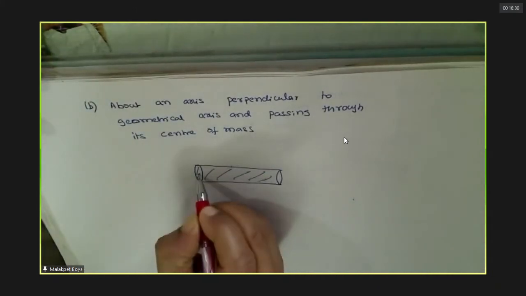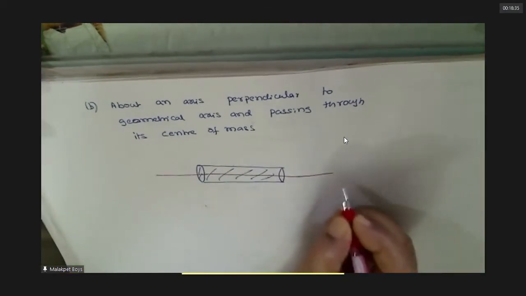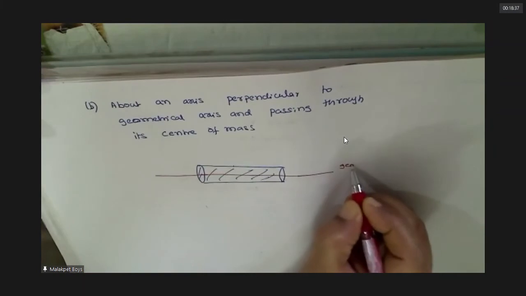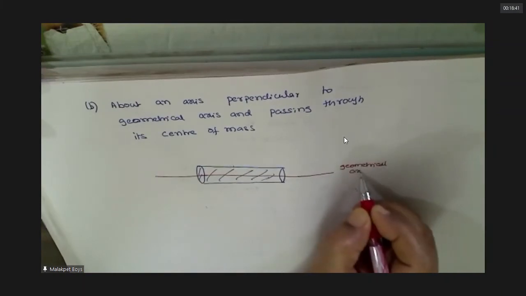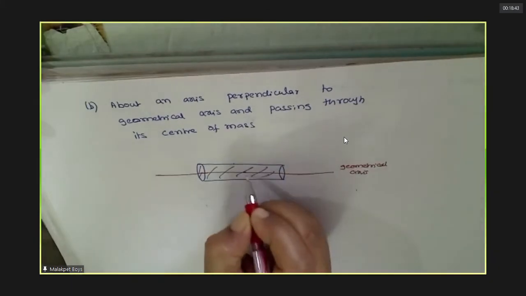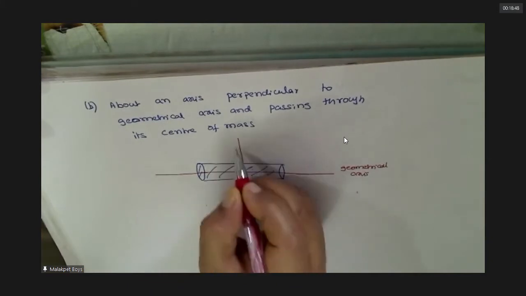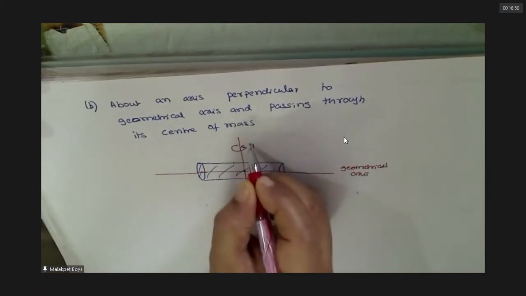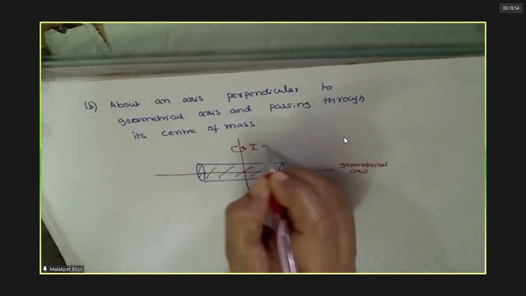This is the geometric axis, no? What is this called? Geometric axis. This is the center you have. This is what he says.